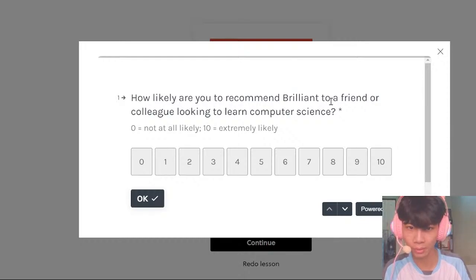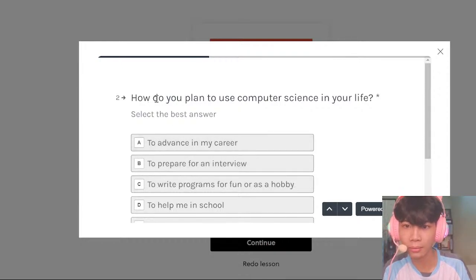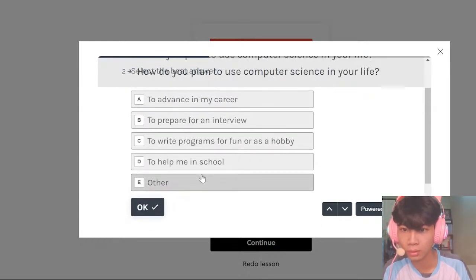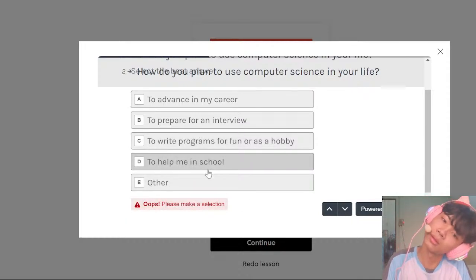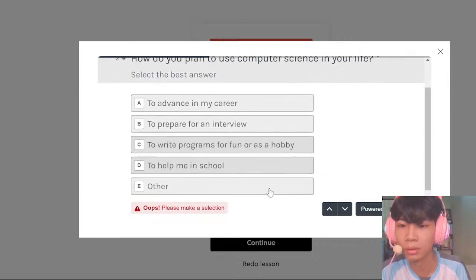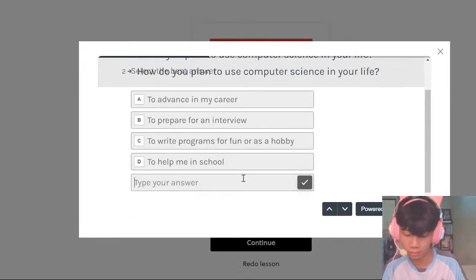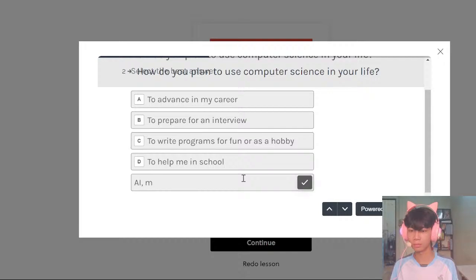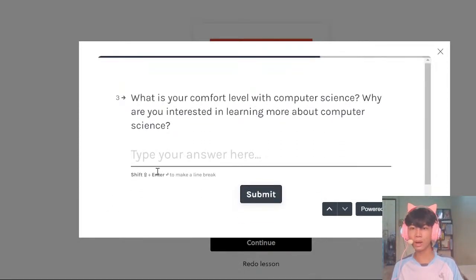How likely are you to recommend Brilliant to a friend or colleagues? 10. How do you plan to use computer science in your life? To advance, to make artificial intelligence, AI, machine learning.